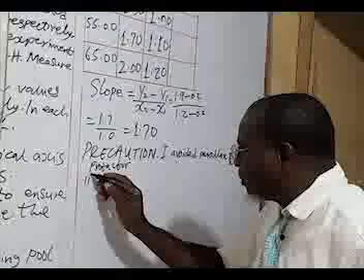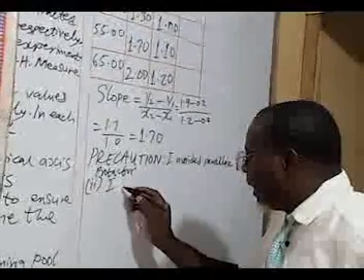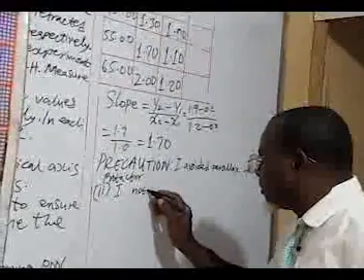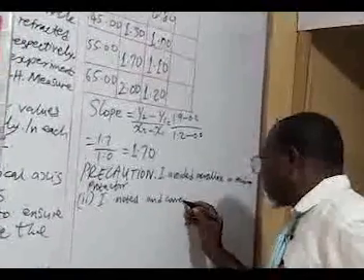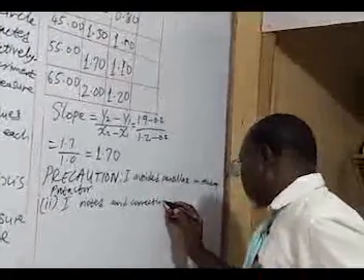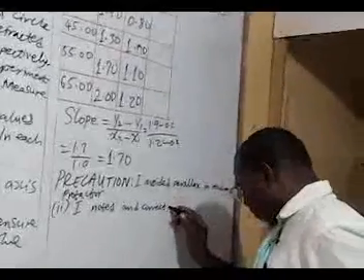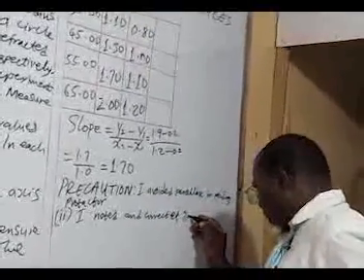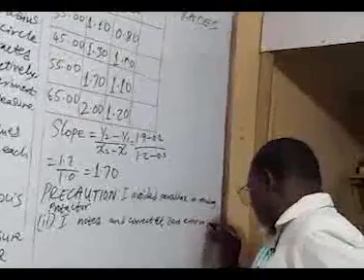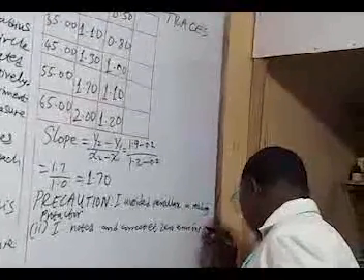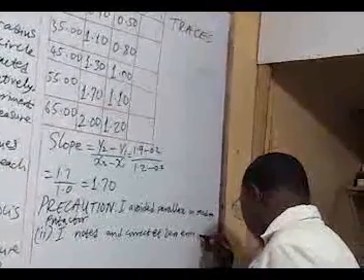The second one: I noted and corrected zero error on protractor, in reading protractor.